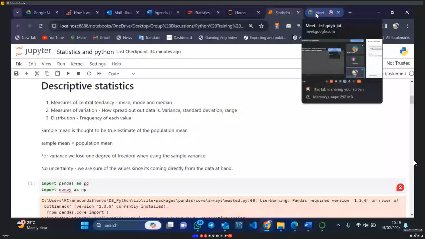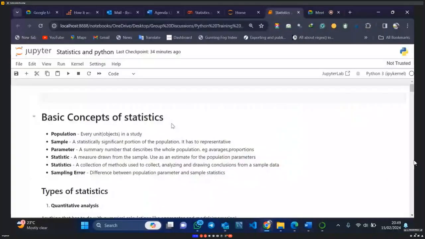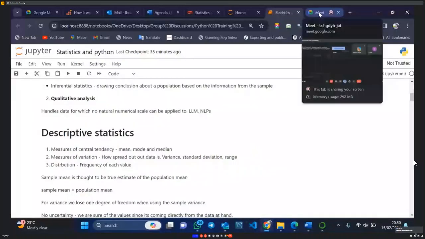I've started with the basic concept of statistics. So we explained what a population is, what a sample is, what a parameter is, what a statistic is, what statistics is, and about descriptive statistics.